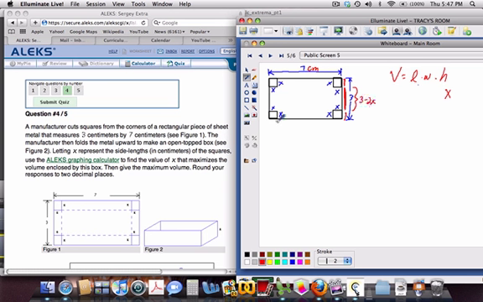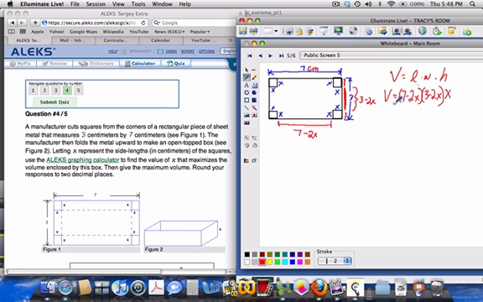And then this length down here, okay, this whole distance is 7, and we're subtracting these 2 pieces here, which are both length x. So you're taking away 2 pieces of length x. So that's going to be 7 minus 2x. So it doesn't matter which one you decide to make the length and which one is the width. We just need to multiply these two together, and then multiply it by the height. And that's our volume equation.